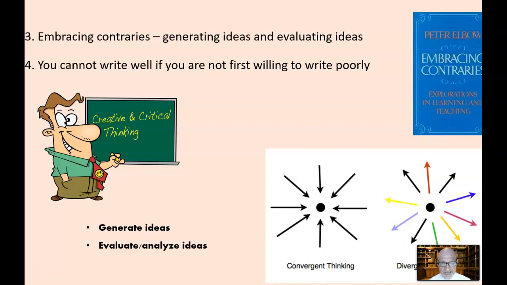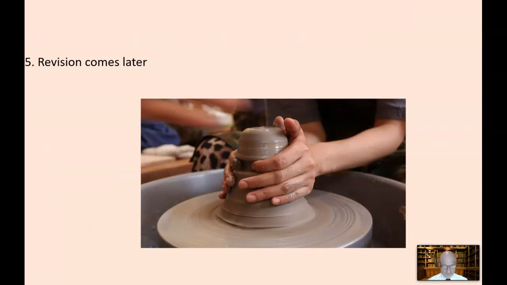You're generating ideas and you're evaluating ideas. You're using creative and critical thinking, convergent and divergent thinking, but you can't do them both at the same time. You have to generate ideas first. You have to get that blob of clay on the wheel, and then you can begin to analyze, to evaluate, to shape, to move things around.